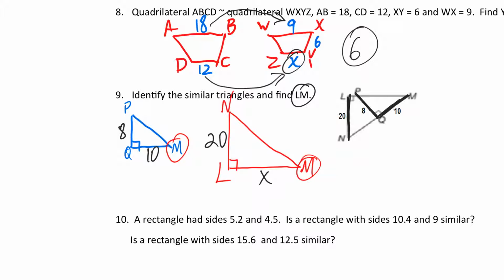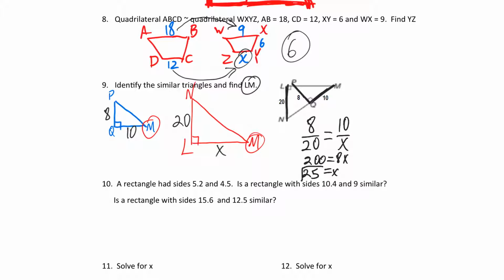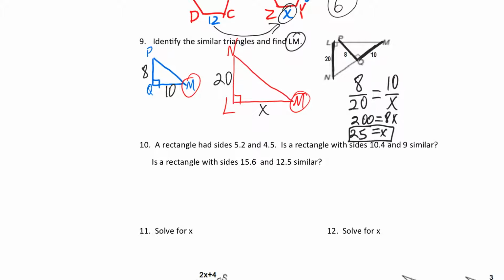So from here now, it's just simple proportion. So 8 is to 20 as 10 is to X. And so 200 equals 8X. Divide by 8. And what does that give you? 25.